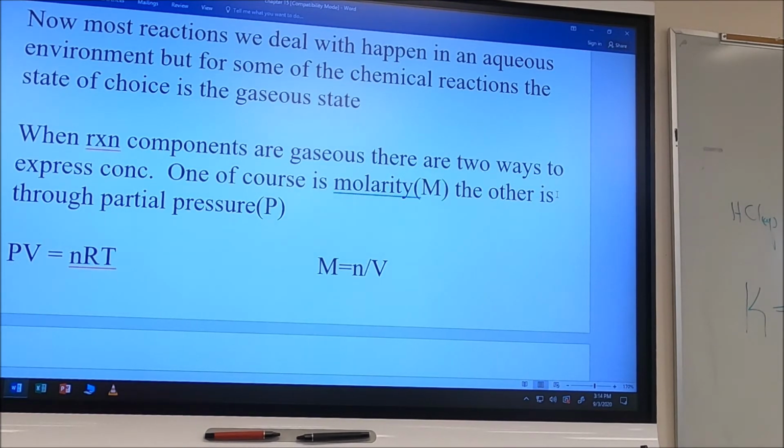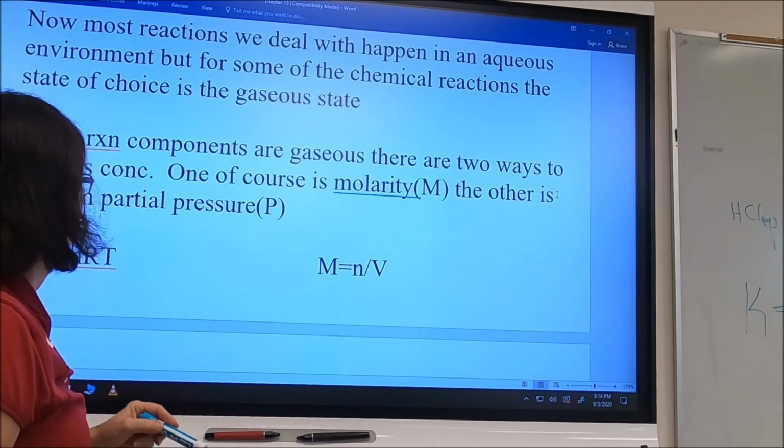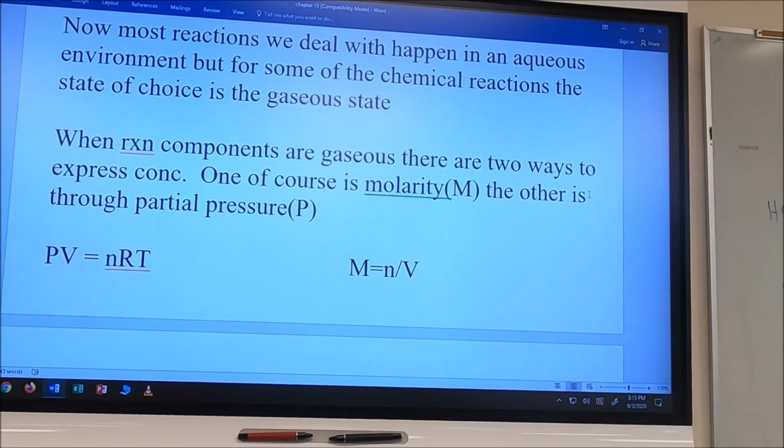Now remember, molarity is moles of solute divided by volume of solution in liters, and pressure, PV equals nRT. Partial pressure, reminder, is the pressure exerted by one specific kind of gas molecule in a chamber. It's the portion of the overall pressure in the chamber exerted by that one type of gas particle.